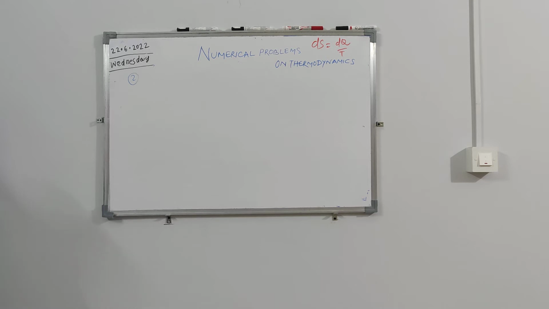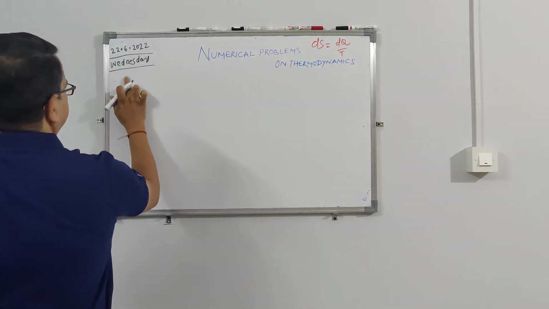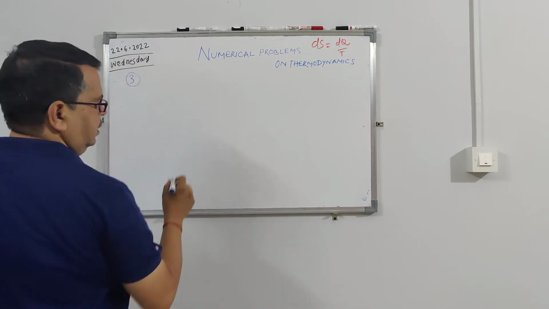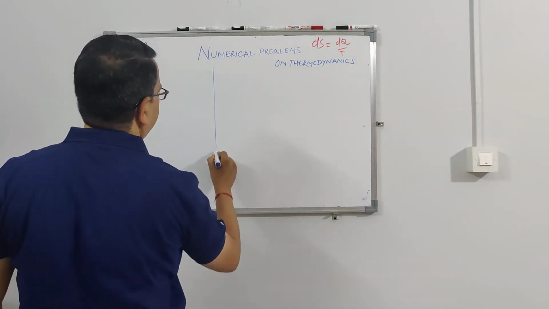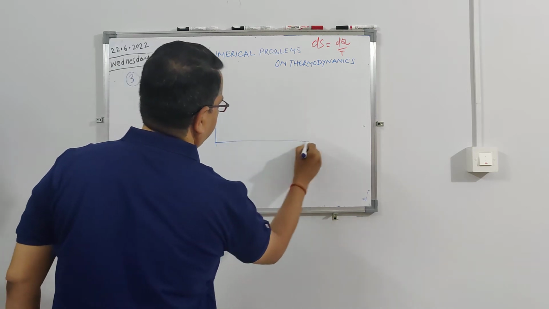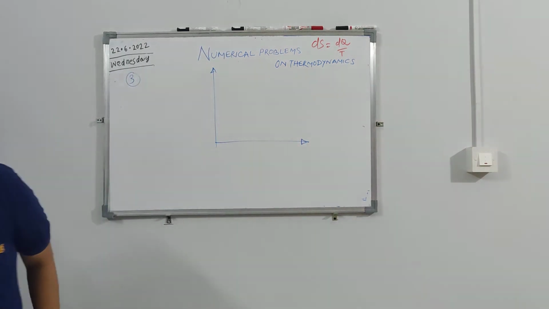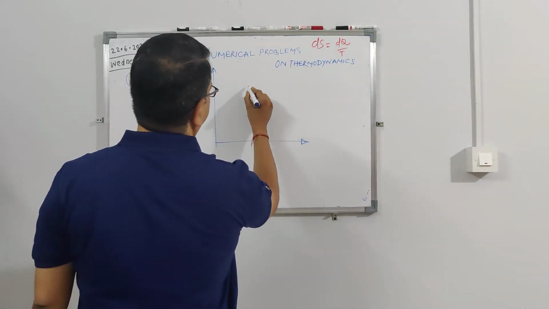So there is one more numerical we will try to do. Let's say this is numerical number 3. So it is something like this.